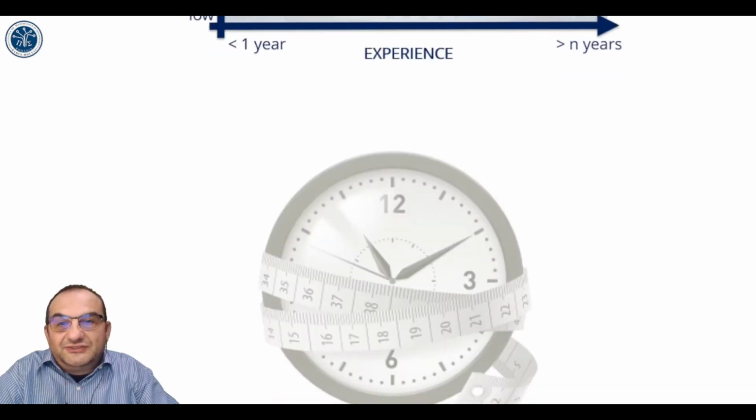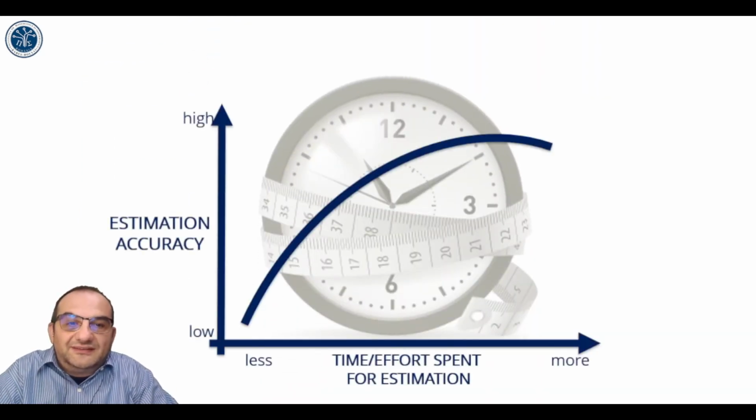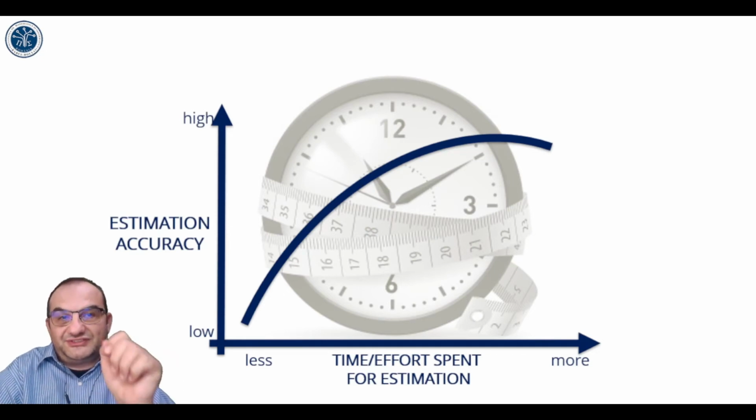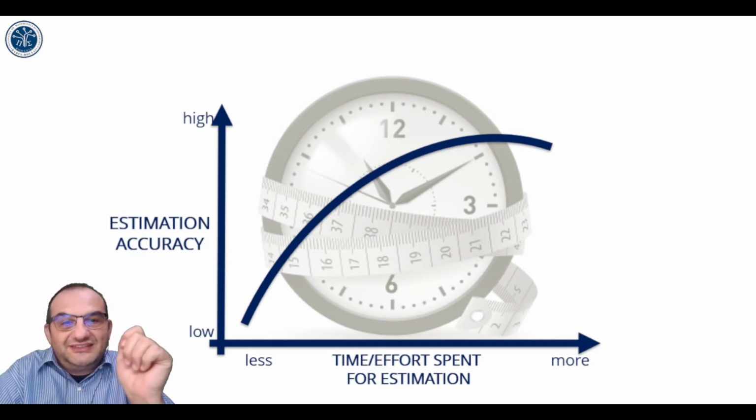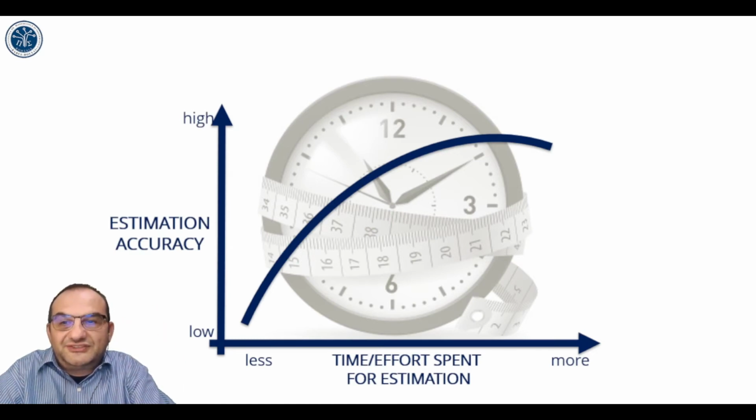And estimation accuracy is affected also by the effort spent in estimation sessions. Sometimes we realize that if we are spending more time on estimating, the resulting precision of estimation is insignificant. We think that the shape of the graph looks like this one in the picture. But we do not realize that it is more than that.